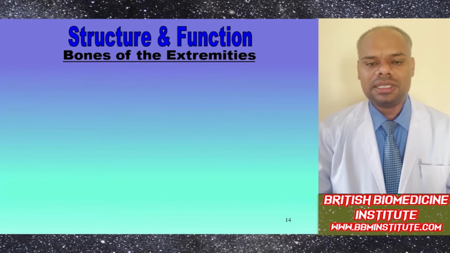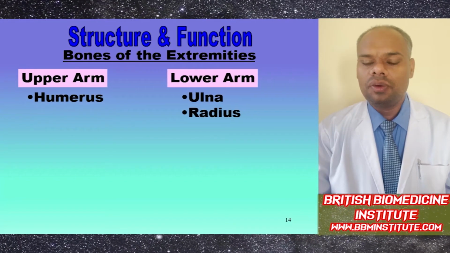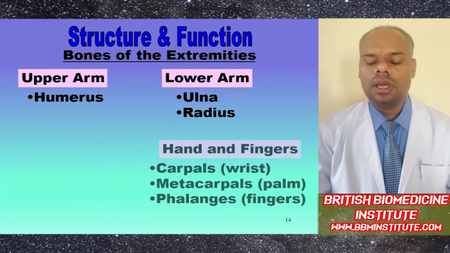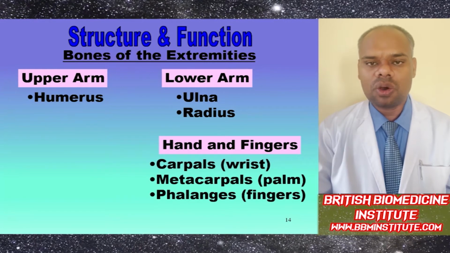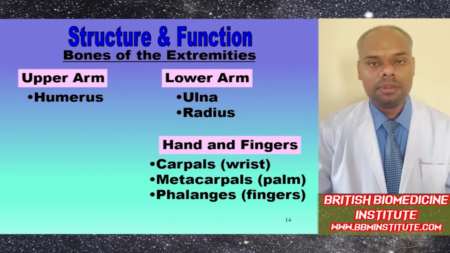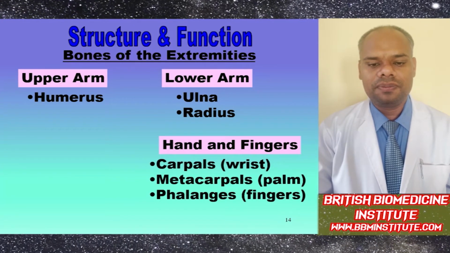The bones of the extremities are: for the upper arm there is the humerus, for the lower arm there are the ulna and radius, and the hand and fingers consist of the wrist, which is made up of carpals, the palm made up of metacarpals, and the fingers made up of phalanges.